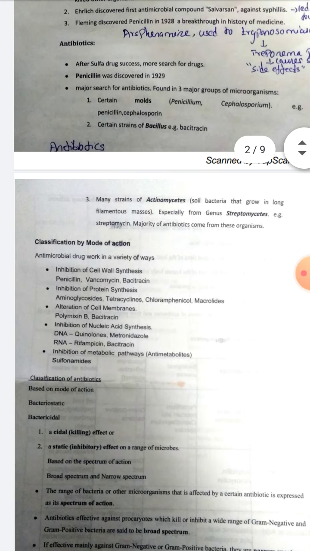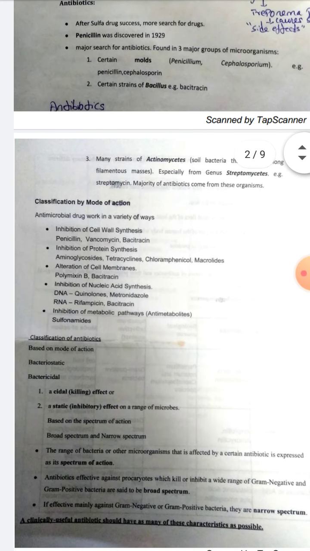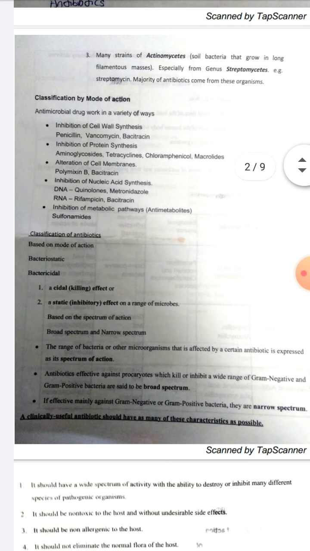We have modes of action. What the drug does is inhibit cell wall synthesis, inhibit protein synthesis, alter the cell membrane, inhibit nucleic acid synthesis, and inhibit metabolic pathways. Based on the mode of action, it is divided into bacteriostatic and bactericidal.